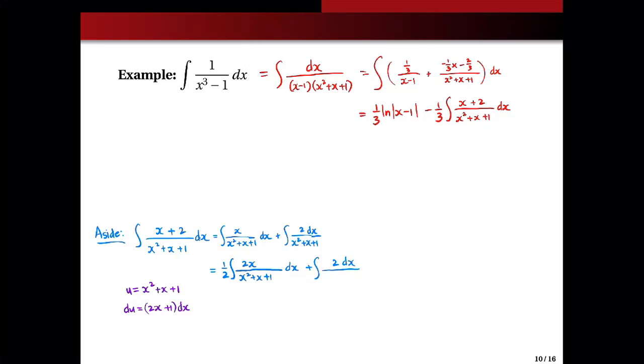Now, I want the plus 1. So what I'm going to do is to add 1. But now I am changing the expression. To bring back the original expression, I'll subtract the 1 again.